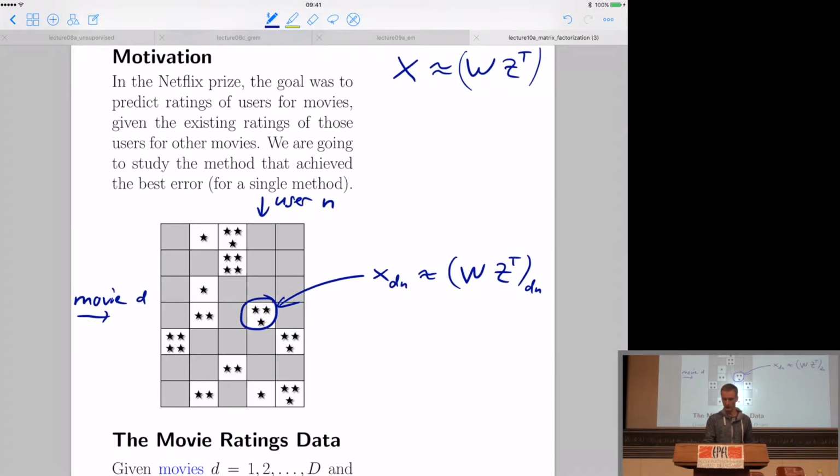Okay, this is what we're going to do, because this is a general principle. Given any matrix, approximate it by what? By some W times Z. Right, so maybe X has this shape. And then there are kind of three interesting shapes.